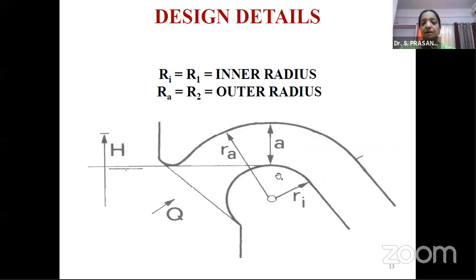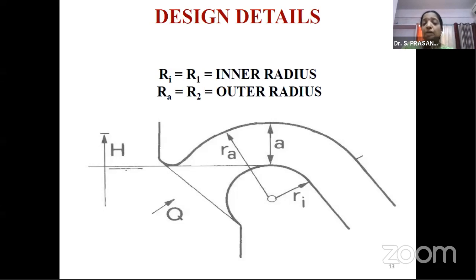These are some of the nomenclature which we adopt here. A is the throat height, and this is the inner radius and the outer radius. You can say this is the area of water entering, and also the air to enter. This is where the lip level of the bucket is taken. And this is the head on the upstream side.